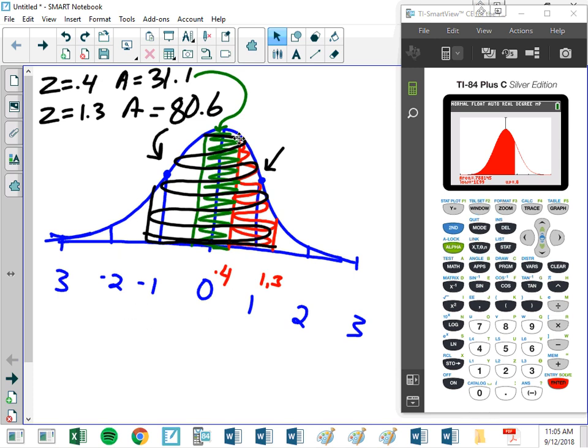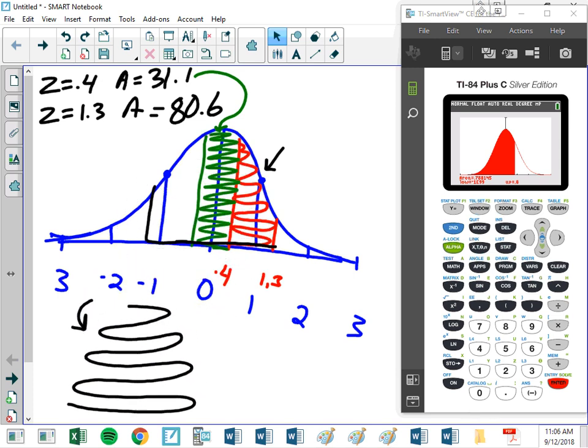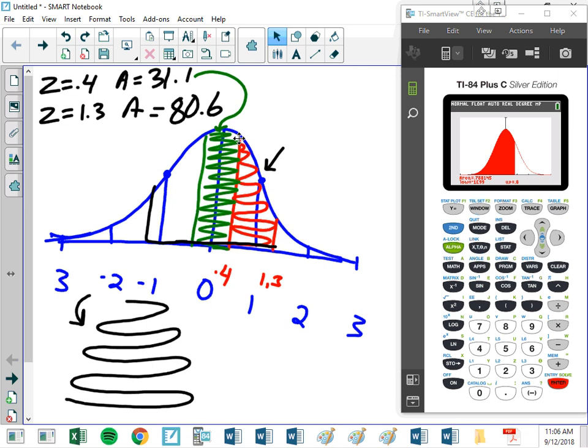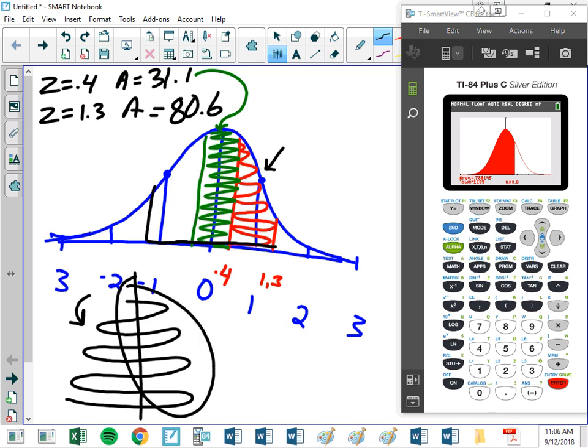We'll take this area, and then I want to cut that in half. Is this equal to what I want? No, it's a little bit too big. How much too big is it? It's this much too big. So if I could figure out what that chunk is and subtract it off, now I have the area I'm looking for.